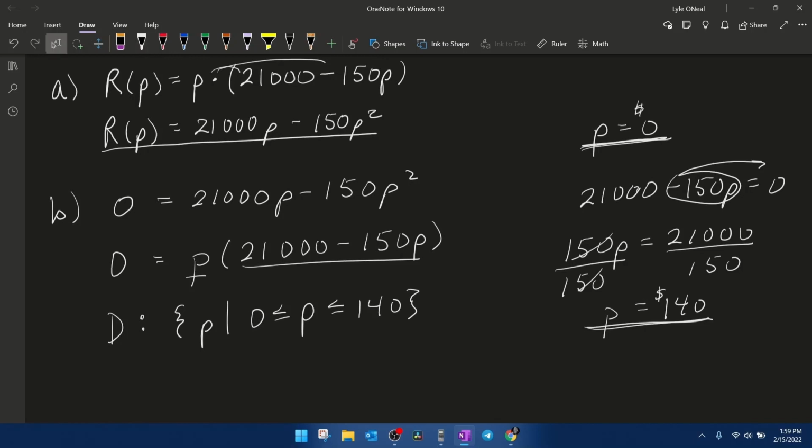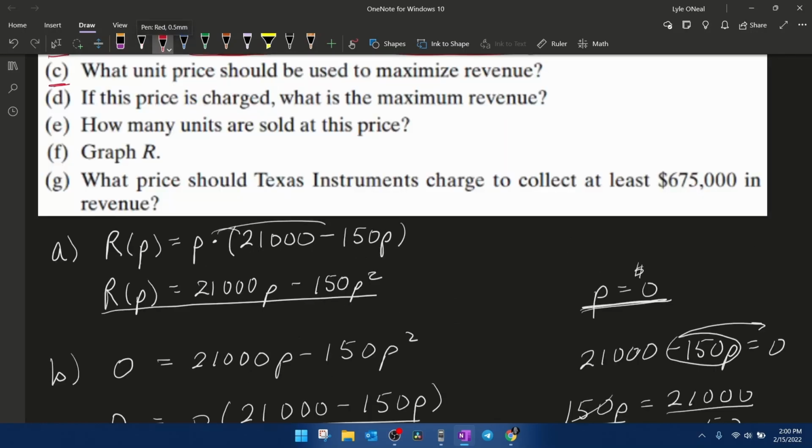Or if you want the domain in interval notation, we would say the domain is everything from 0 to 140. And you need to be prepared to give either set notation or interval notation. Part C, what unit price should be used to maximize revenue?